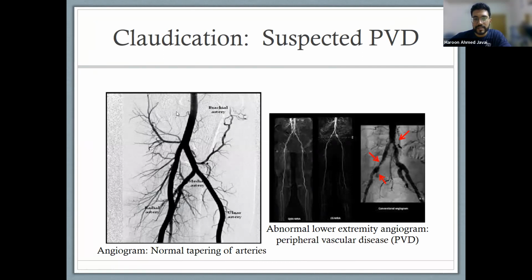What we see over here is normal: the blood is flowing normally and the walls are well defined. Whereas over here, there are thick walls, so there is thinning of blood flow. You can see areas where the blood flow is less than usual, and these are indicative of peripheral vascular disease. Okay, so what are the types of intervention we can do?